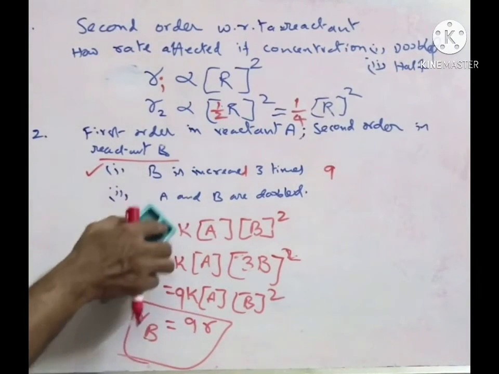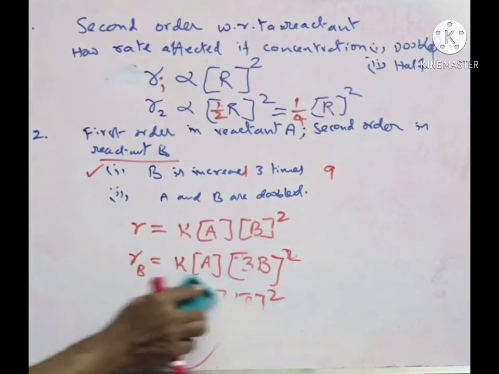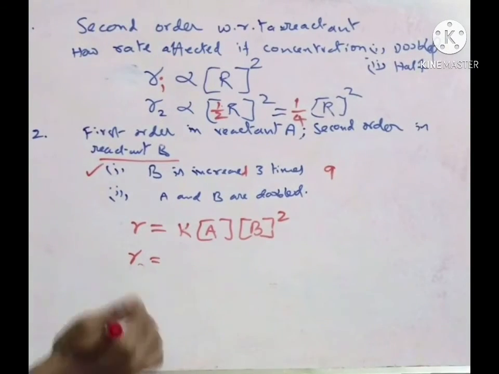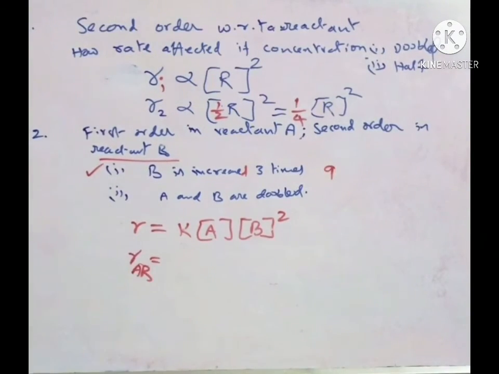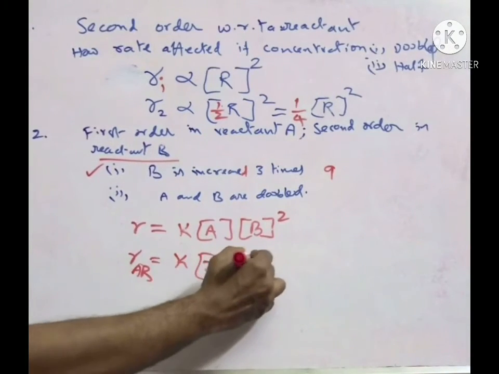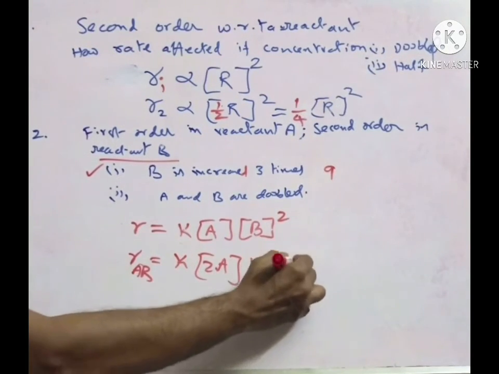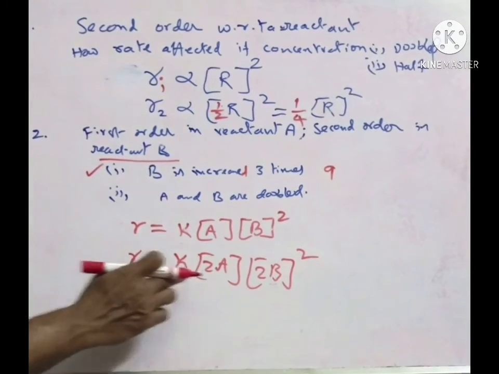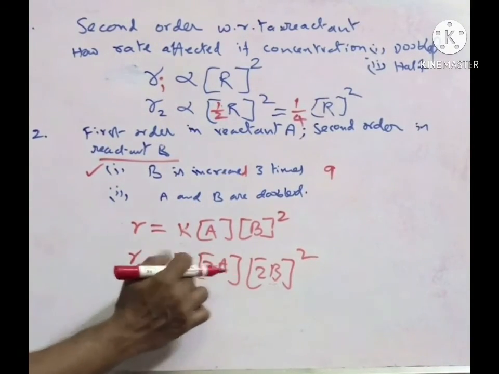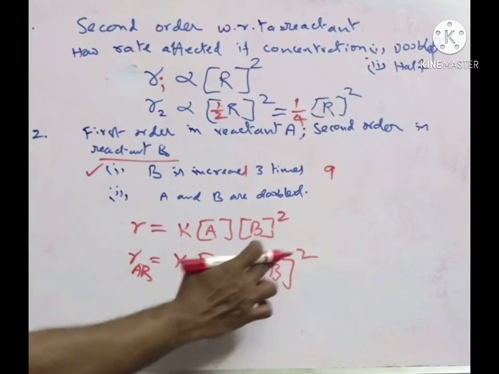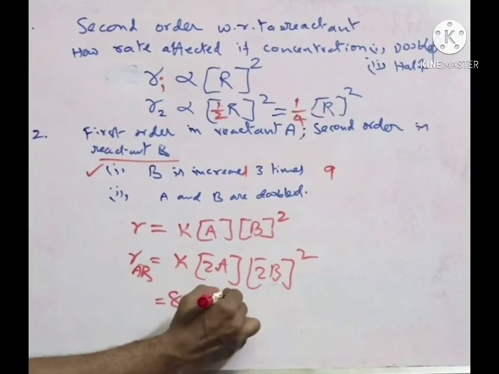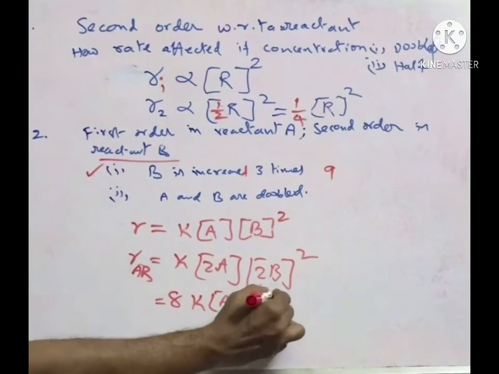Similarly, if A and B are doubled, A and B both are doubled, so what will happen? Reactants A and B, so RAB, we will write the new rate of reaction, RAB, K into A is 2 times of A and B is also 2 times of B, because both are doubled from the original concentration. So here 2, here 2 square, 4 into 2 is 8, so 8 we can take, and K into A and B power 2.